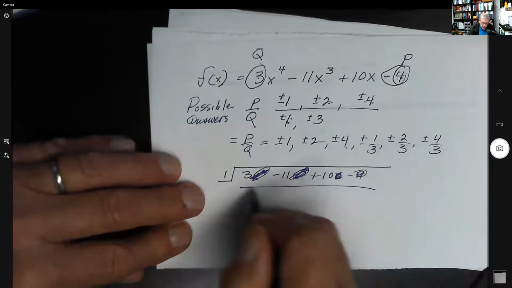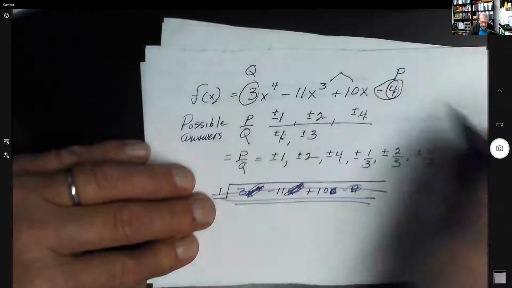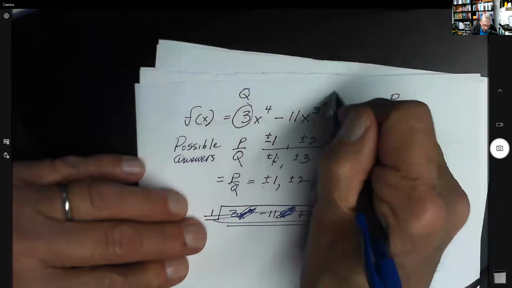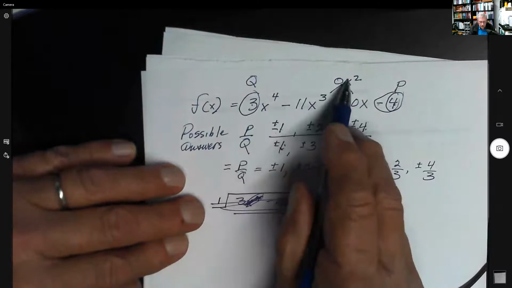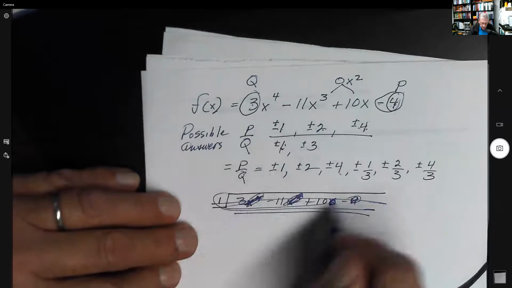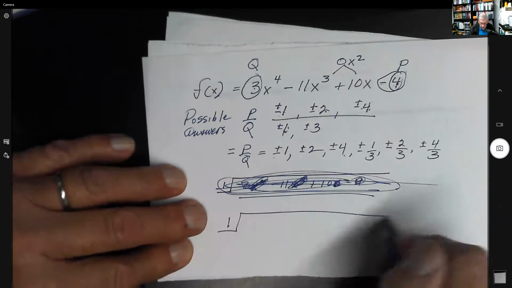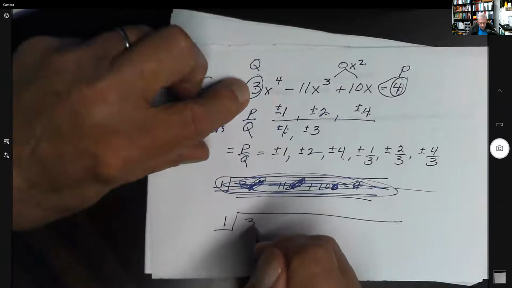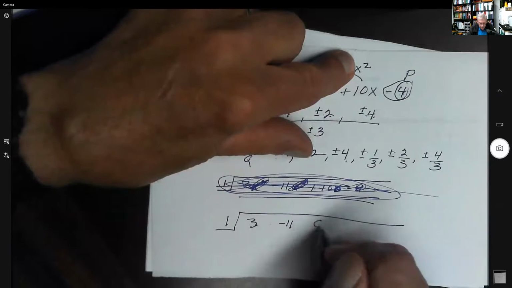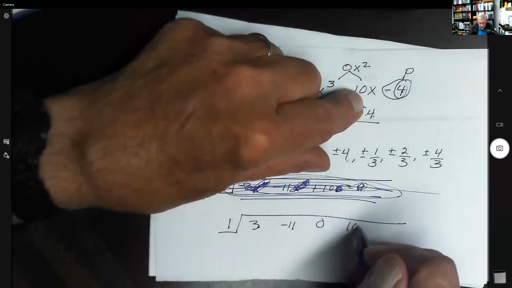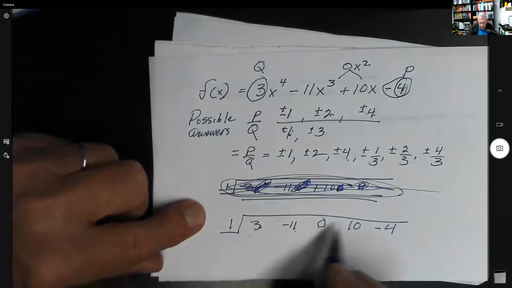Oh, maybe it's a good thing I did, because look at right here, I'm missing the term. 4, 3, 2, 1, 0. So let me try this again. 1 into 3, negative 11, 0, 10, and negative 4. 4, 3, 2, 1, 0.